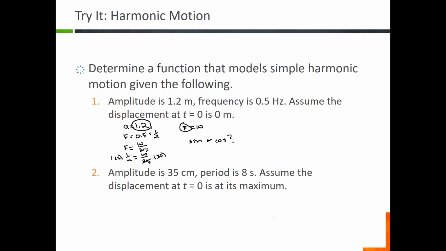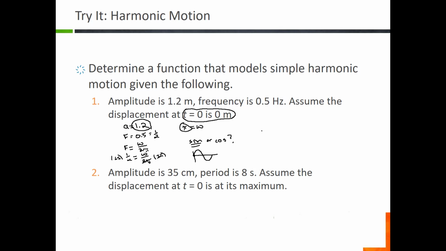And we can decide that based on the information we're given at the end of the problem. We're told at time equals 0, when we start this whole process, there is 0 displacement. And so we're going to think of that as sine, because remember the sine graph starts at 0 displacement and goes up and down and so forth. So we're going to go with the sine equation.